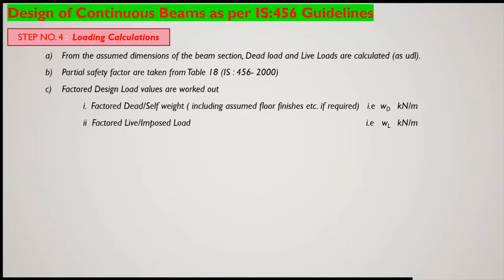First, we have to calculate the factored dead load, or you can say self weight, in which we will be including floor finishes load, which you can assume based on experience, etc. if required. If you need to take floor finishes into consideration, that load has to be assumed and included in the dead load, which you can term as WD in kilonewton per meter.